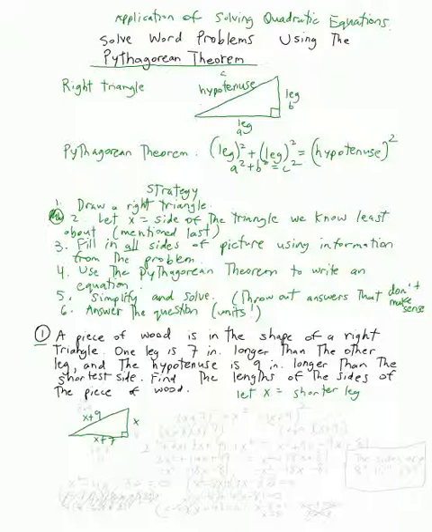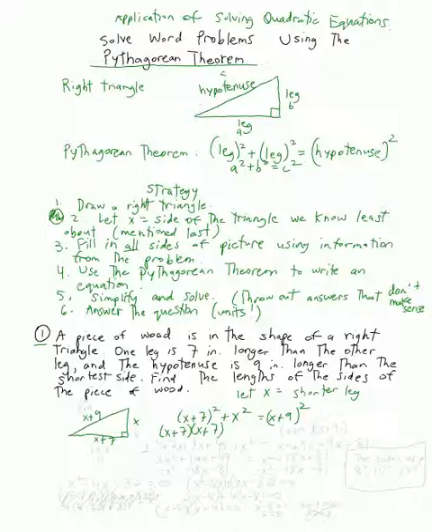Notice that we don't have any equation here we can solve until we use the Pythagorean Theorem. We know that a squared plus b squared equals c squared, or x plus 7 squared plus x squared equals x plus 9 squared. From here we have to simplify and solve, but let's be really careful. To do x plus 7 squared, I have to do x plus 7 times x plus 7.